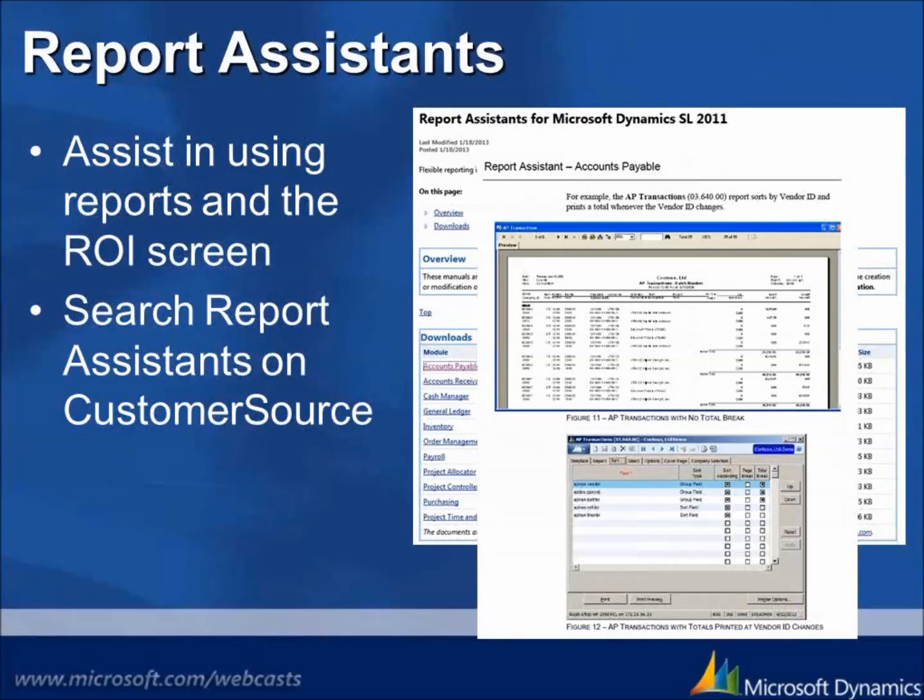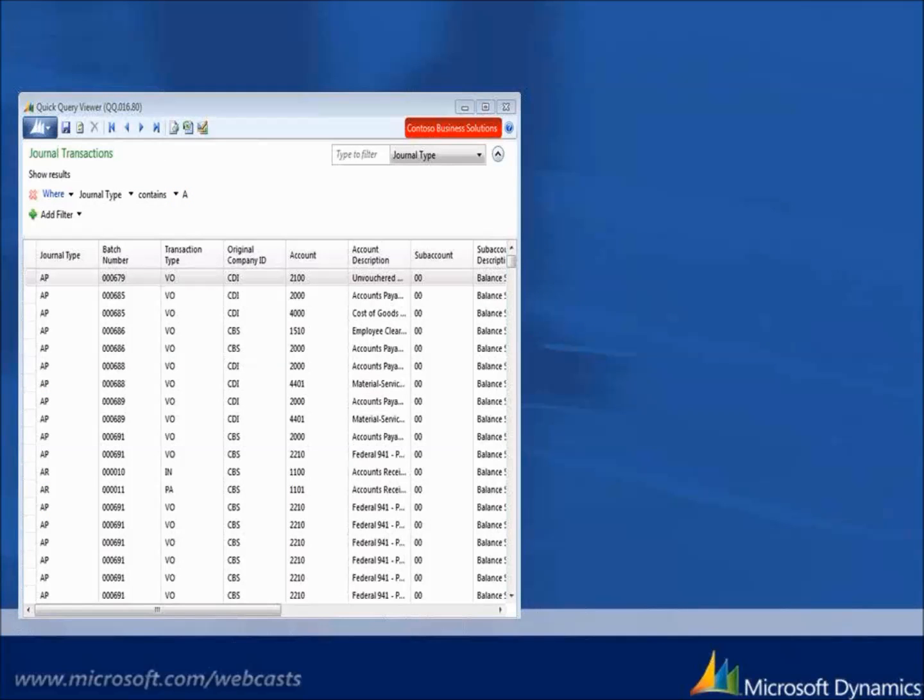This way, you will easily be able to go, oh, I'm in the journal transaction screen, and it tells me that this field is GLTran.ACCT. Excellent. I'll use that when I go ahead and use my ROI screen and select the proper values. So these are available to you. If you go out to Customer Source and you search on Report Assistants, you will see them, and you can download those and start using those today.